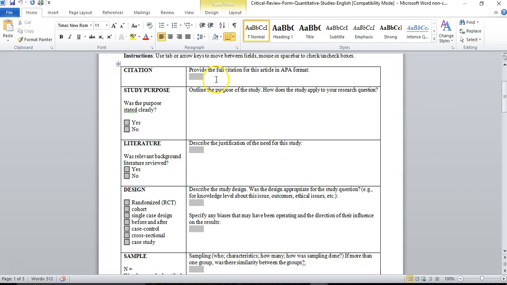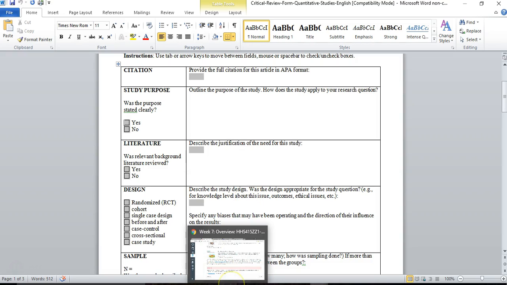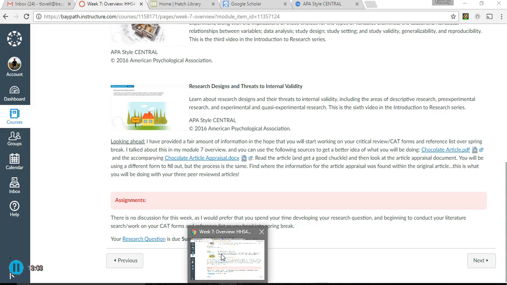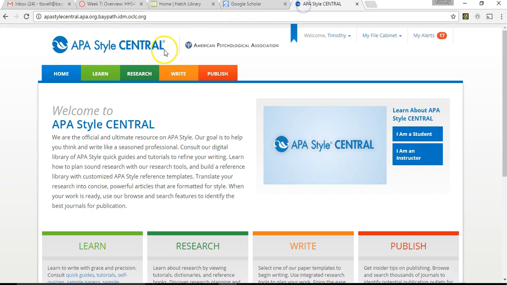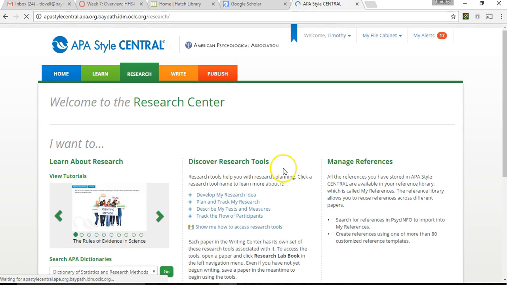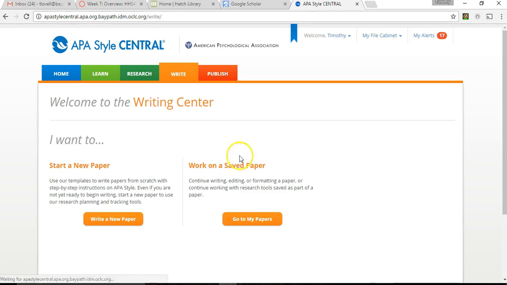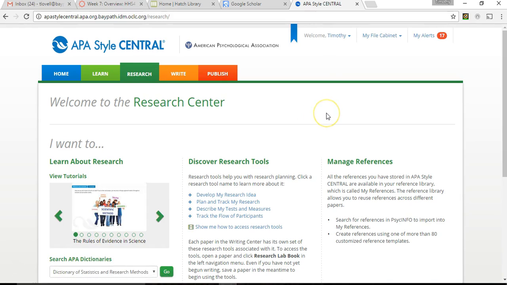So you'll have your APA citation up here, and again, I thoroughly encourage you to use that function on APA Style Central that I showed you last week, as far as developing your reference list.